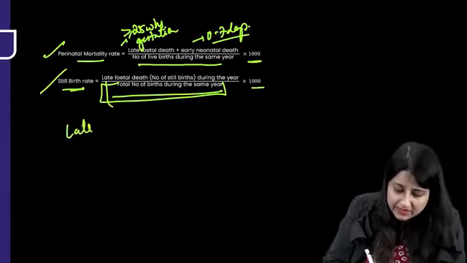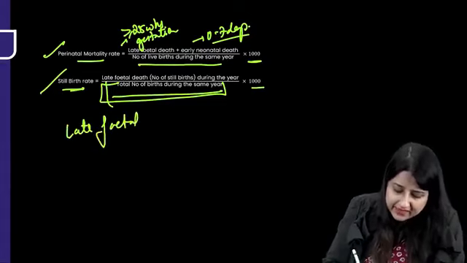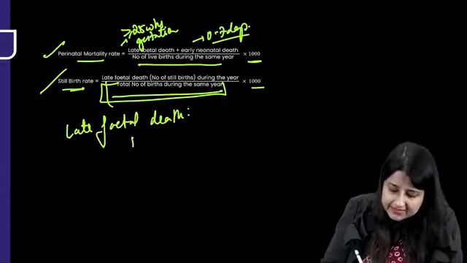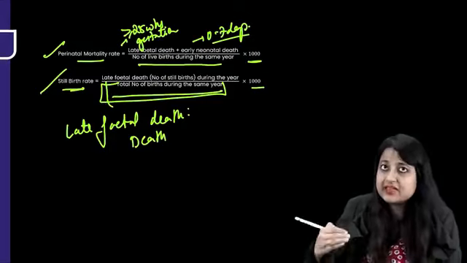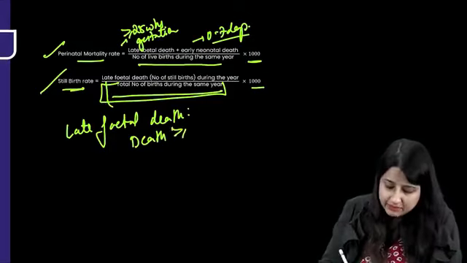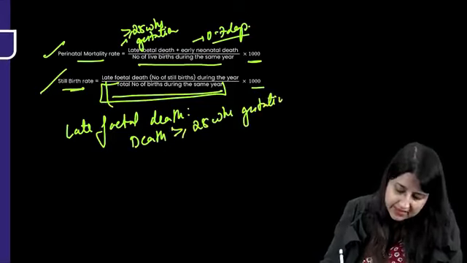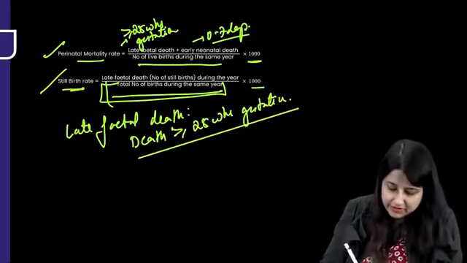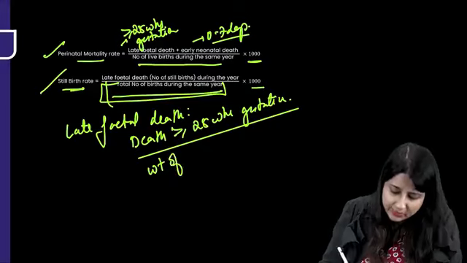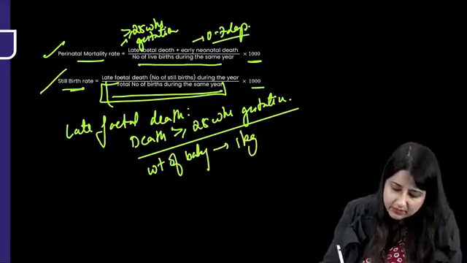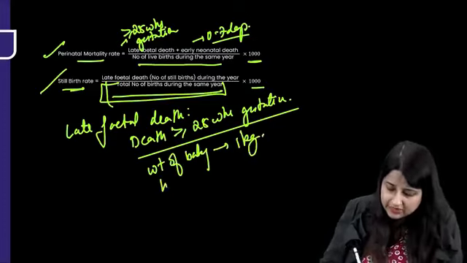Now, what do I mean by late fetal death, guys? Remember, it is a death that fulfills certain criteria. Death beyond or equal to 28 weeks gestation. If this is not mentioned, then at least the weight of the baby is mentioned. Okay, so that is 1 kg or 1000 grams.